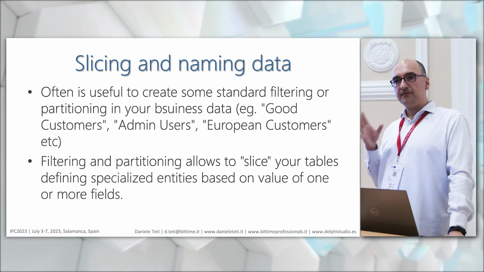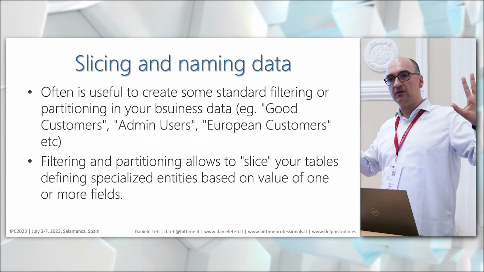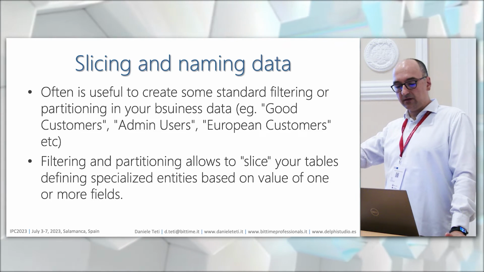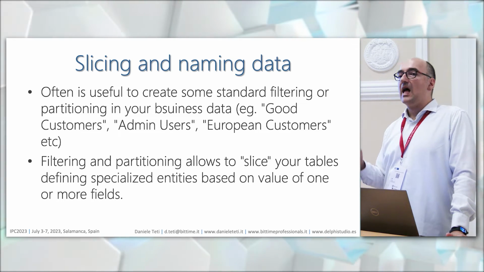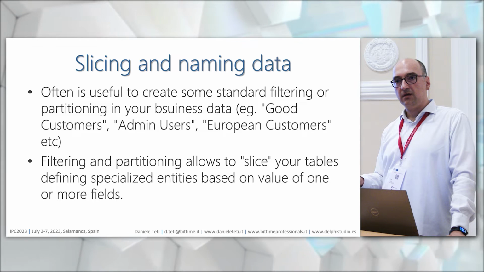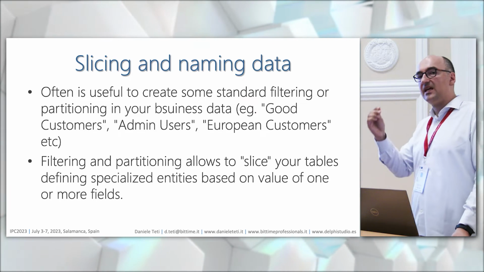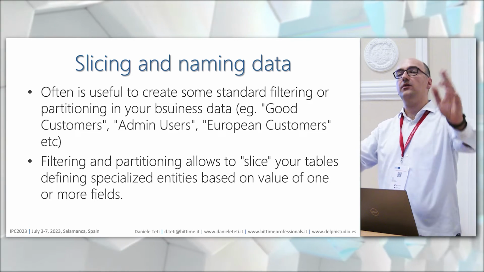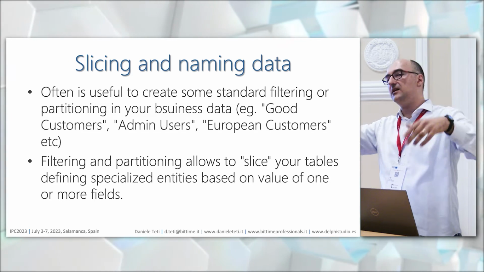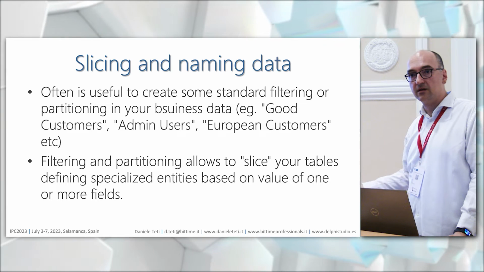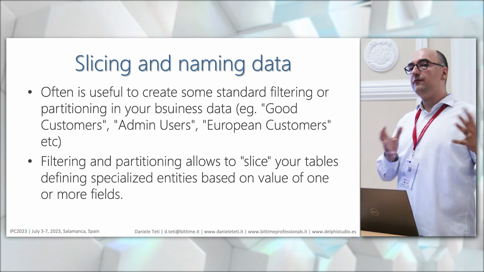That is an invariant in your system. This is defined as a good customer. Or admin users: a user is defined as an admin if there is a field which defines it as a super user. Or European customers. Or active users.